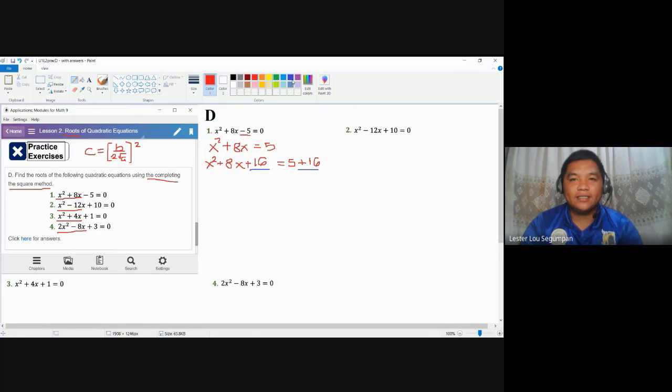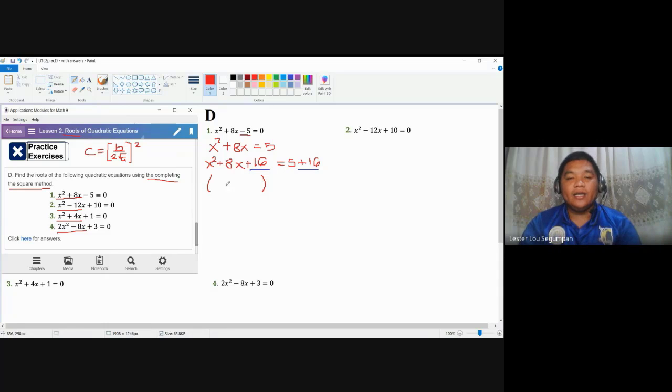Now that we have this, we can express the left side as a square of a binomial. And how do we do that? We also have in the previous video a method for determining whether this is already a perfect square trinomial, so let's skip that one. You might want to get back to the previous video.